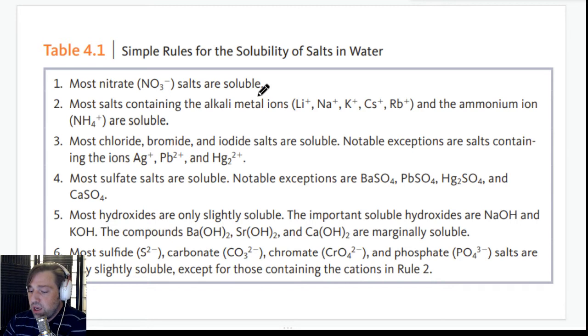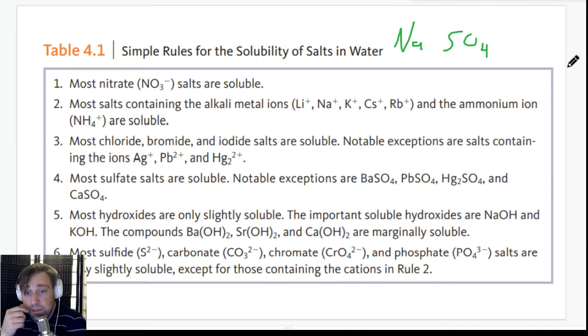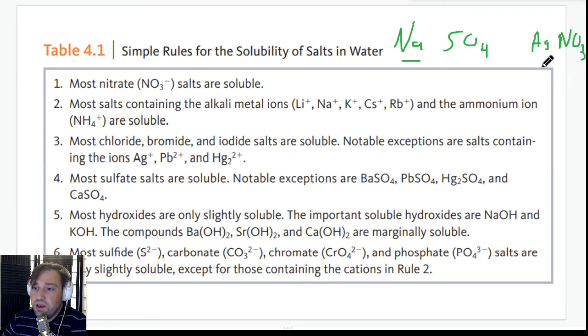So for example, let's give you something like sodium sulfate. Right off the bat, you know that this is going to be soluble because it has a group 1 thing in it. Okay, and let's say we have silver nitrate, NO3.